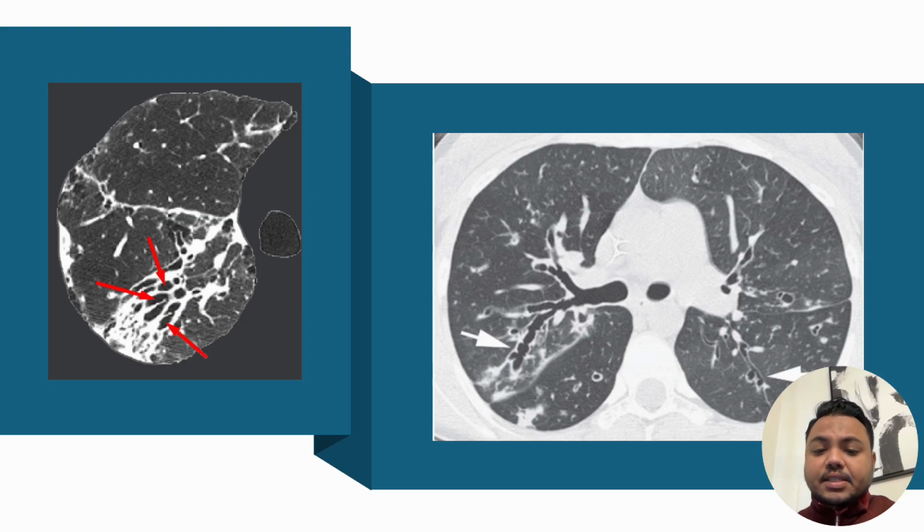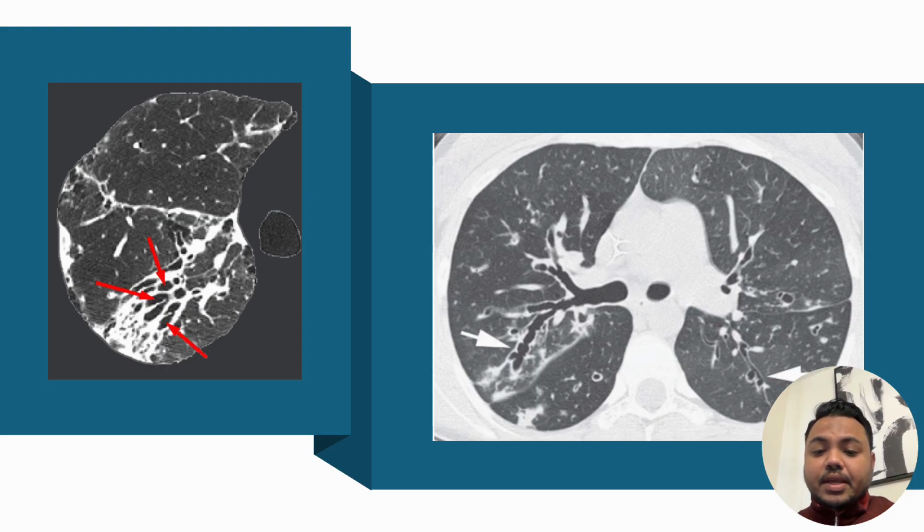So this is a typical bronchiectasis. Keep in mind, traction bronchiectasis is not a real typical bronchiectasis. Look at the surrounding lung parenchymal tissue. Is there any evidence of fibrosis? If so, it is a traction bronchiectasis or a secondary dilated bronchus.